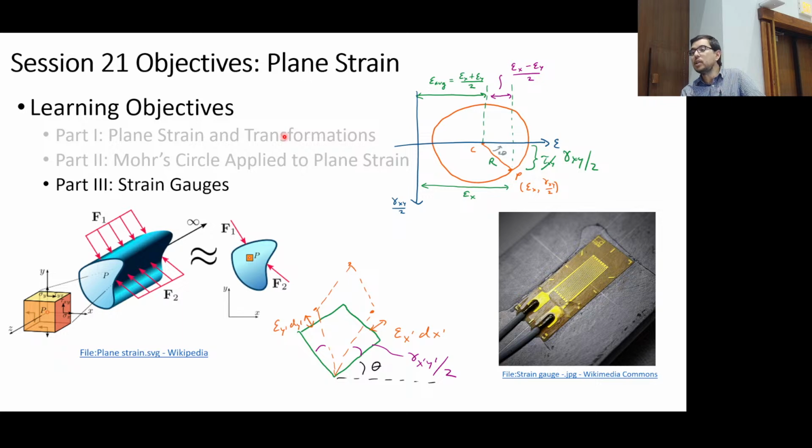You can put them on bridges, on aerospace vehicles, you could put them on your kitchen table if you wanted. But they are going to give us an idea of what's happening on the surface of the material and also internally. As we've discussed, often the largest stresses are on the surface.